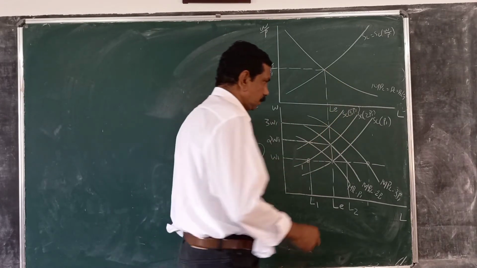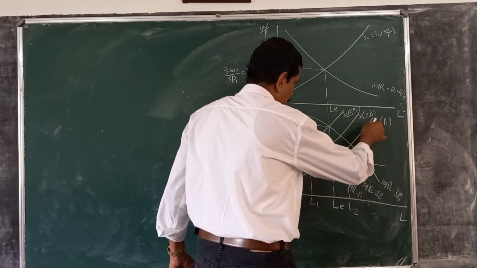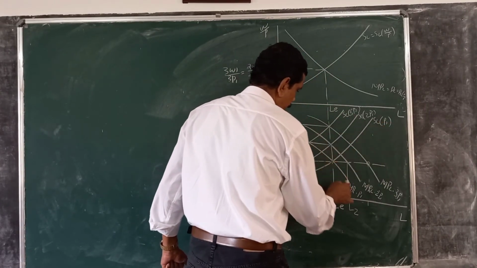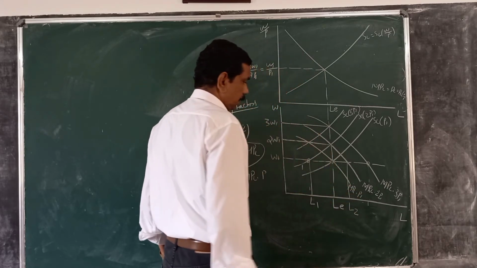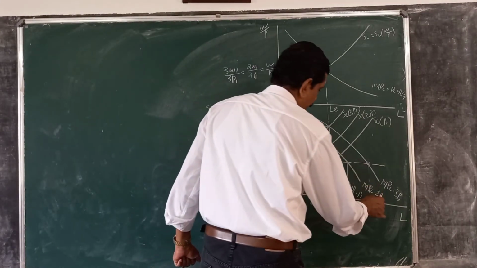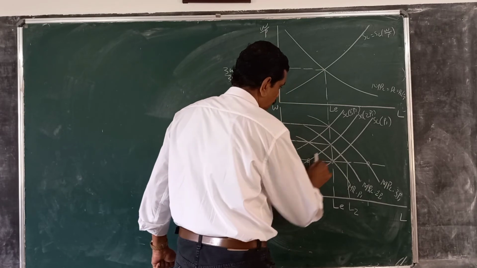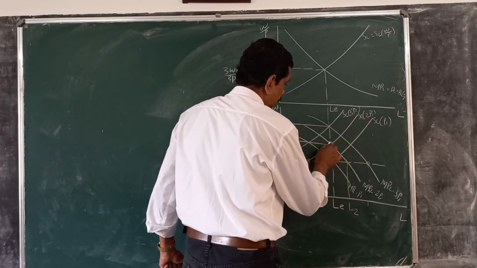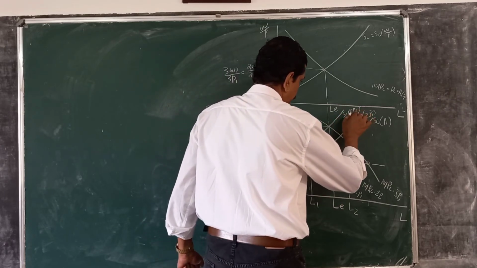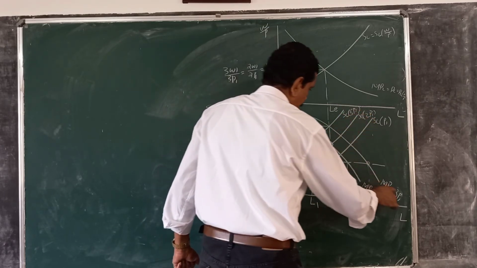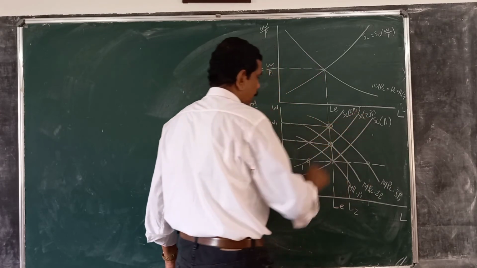And now the point is, if P1 is the price, the combination of SL and MPL into P1 ensures the level of employment equal to LE. If the price becomes 2P1, then the demand for labor curve is this, the supply of labor curve is this, and equilibrium is again at LE. If the price is 3P1, with MPL and SL, again this point.